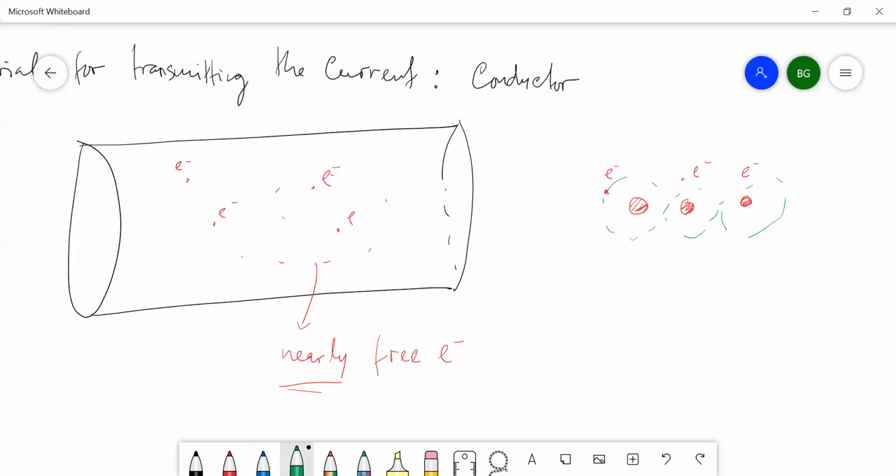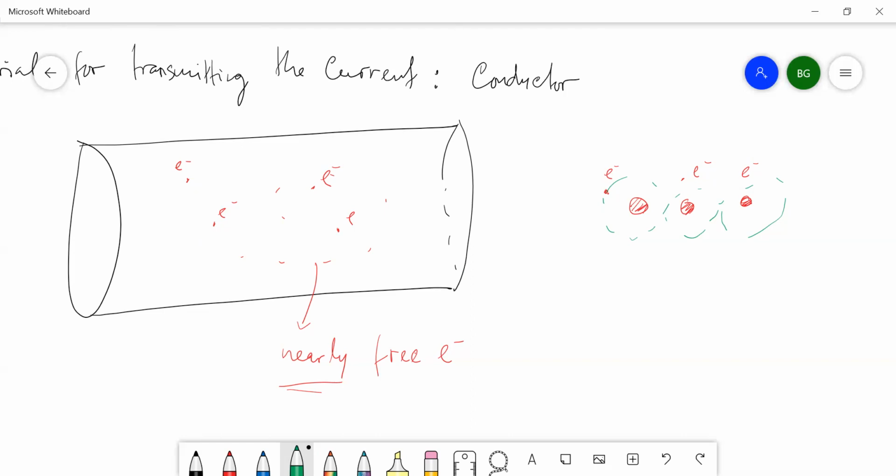And because the electrons are identical to each other, we cannot distinguish which one belongs to which atom. So they can move freely to every atom in the conductor.